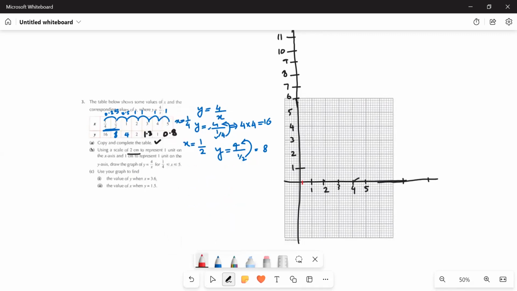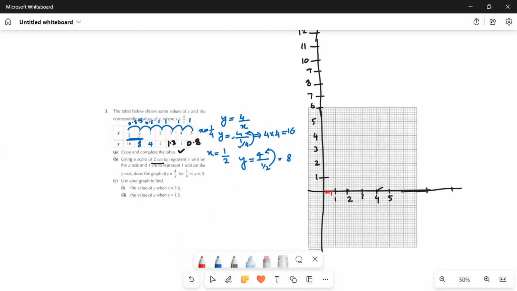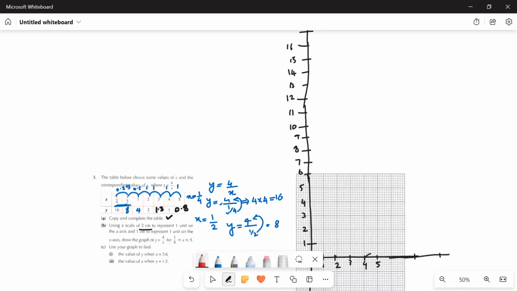If we are making 4 parts from 0 to 1, this becomes 0.25. So for this it is 16. It's very near to 16 here.